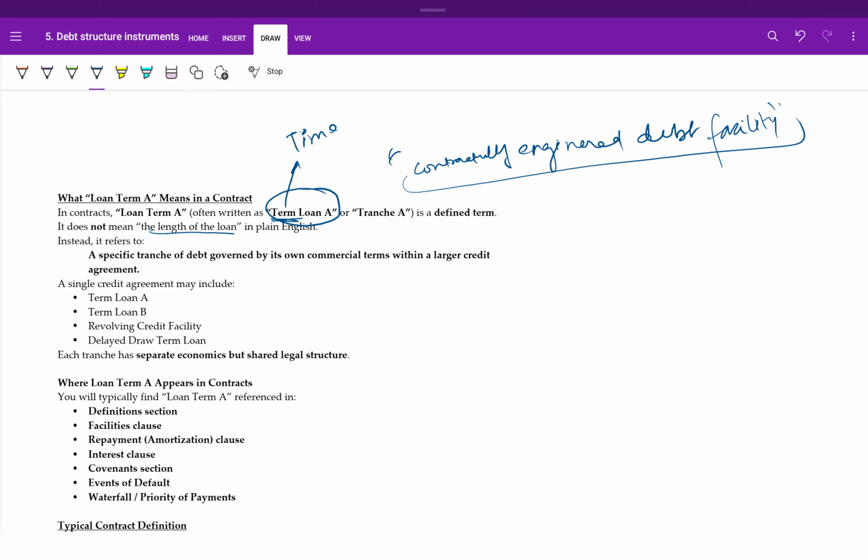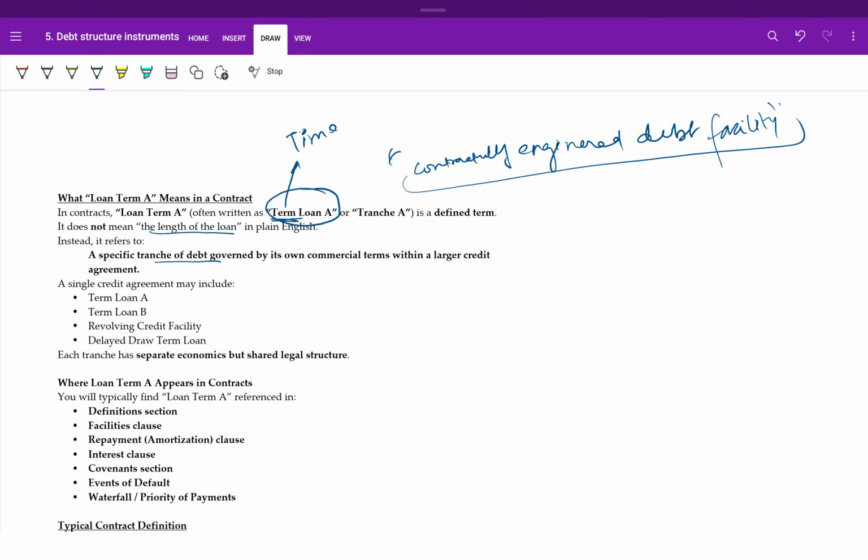Now, understand this in contracts. Loan term A is a defined term: capitalized, precise, and legally binding. Loan term A refers to a specific tranche of debt governed by its own commercial terms within a larger credit agreement.